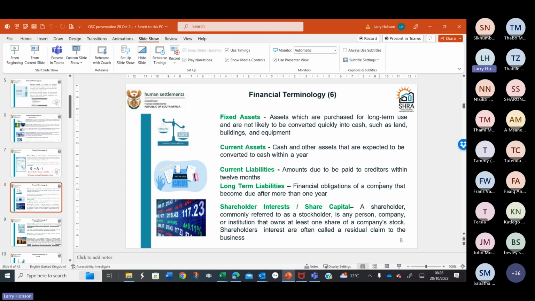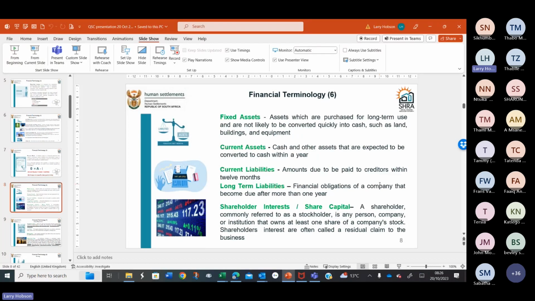These are the financial obligations which become due after more than a year. So if you've taken a loan, for instance, to fund the property, that loan amount will go into your long-term liabilities, and you'll pay that off slowly over time. So hopefully you would see a decreasing trend over time in your amount owing on your long-term loans.